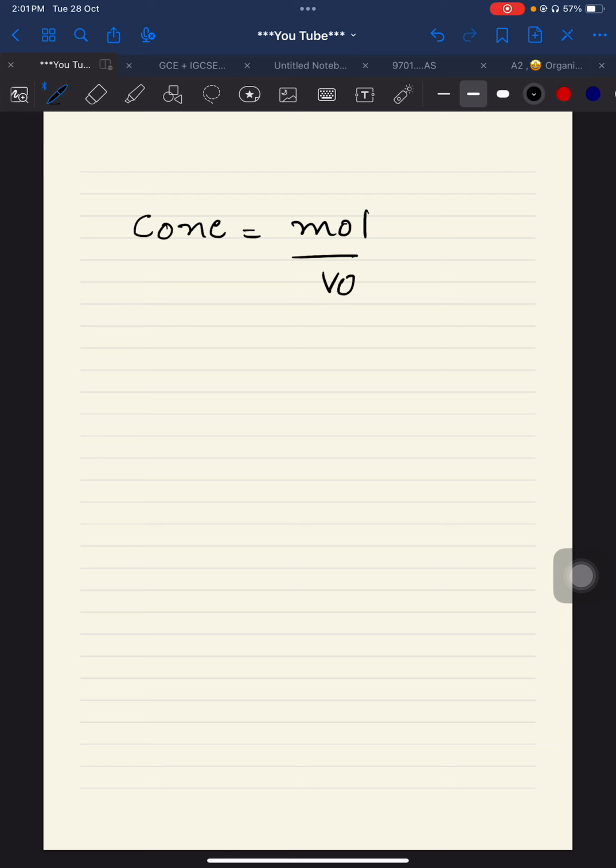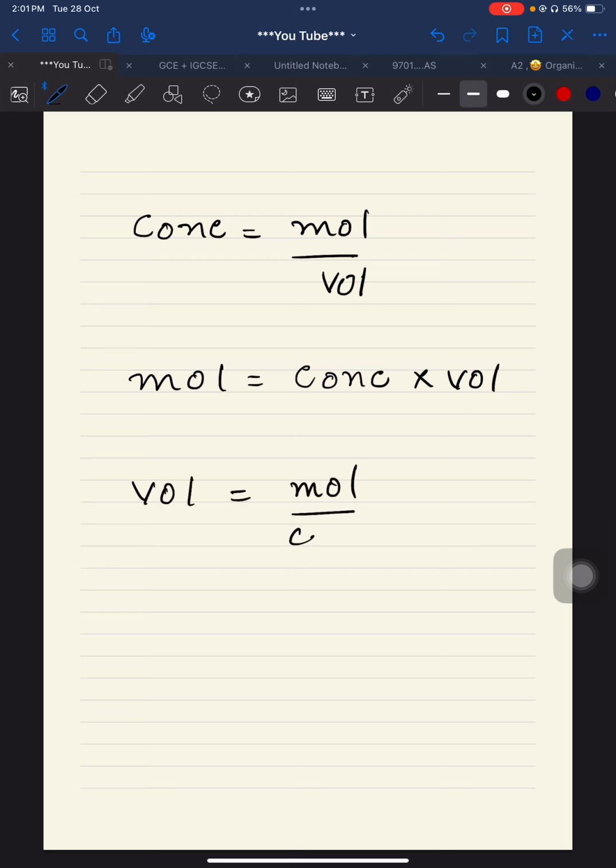We can rearrange this formula as well. There are three things in this formula. We can calculate moles is equal to concentration into volume. We can calculate the volume as well: volume is equal to moles upon concentration.